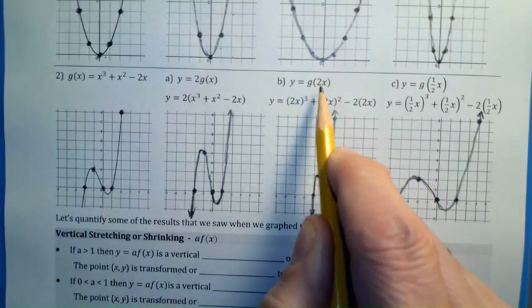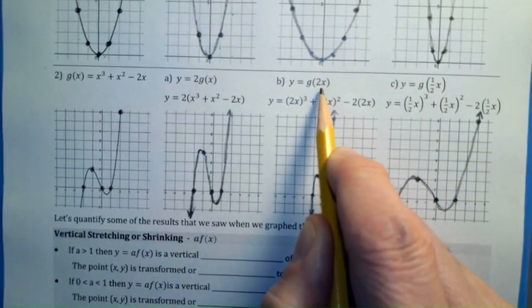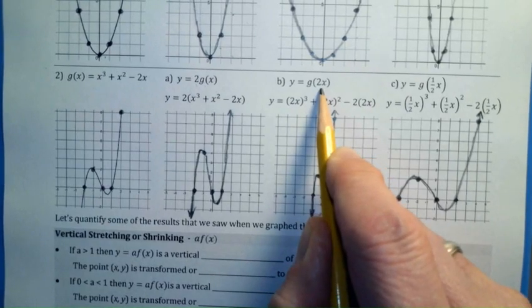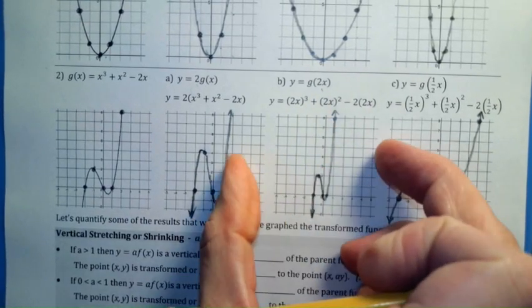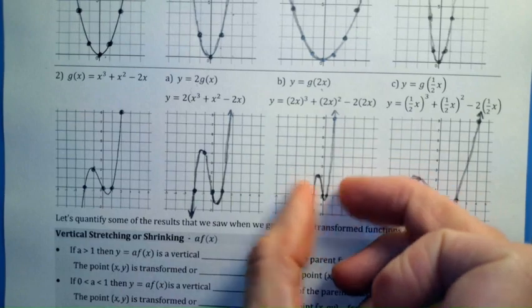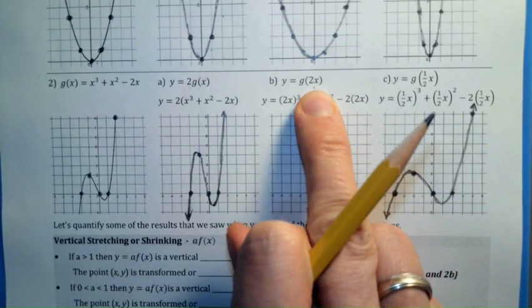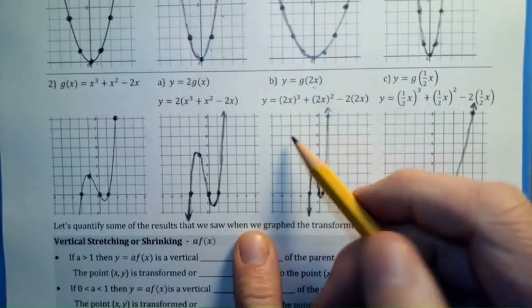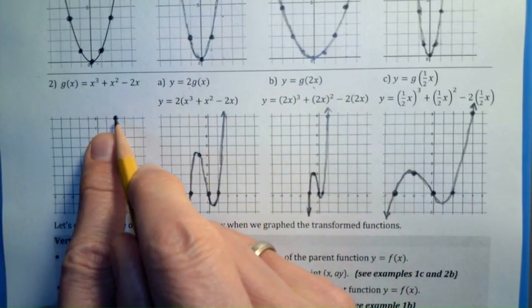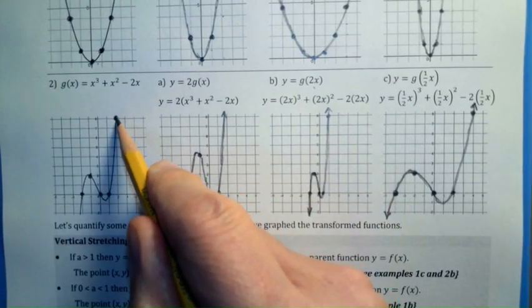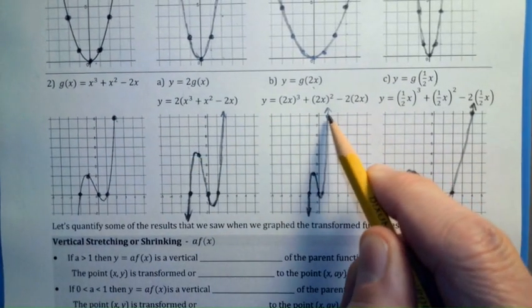Now in this case, we have a 2x that we're replacing x with, so that affects it horizontally, right? Stretch and shrink, but horizontally. In this case, it shrank it horizontally. So for example, this point here, which was at 2, 8, is now at 1, 8.